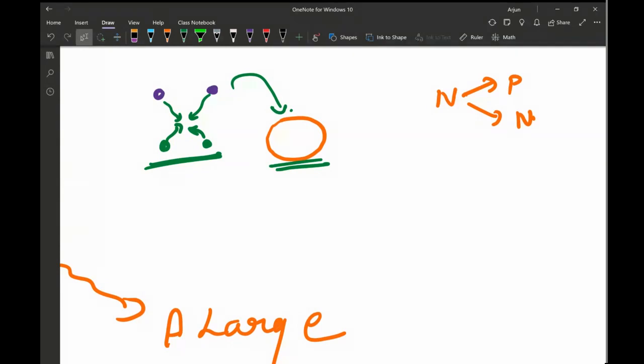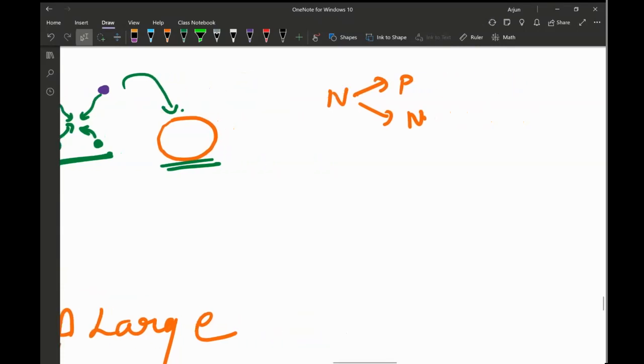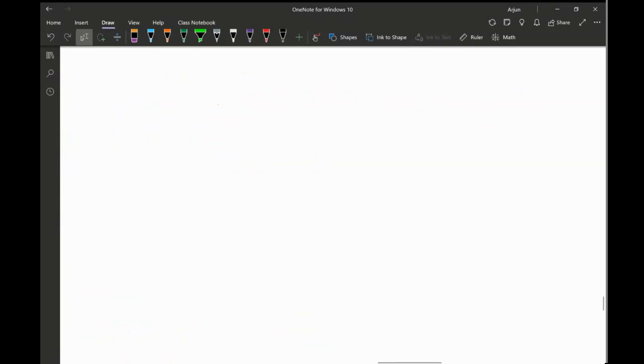So let's take an example on binding energy and the mass defect. I'm going to take an example from page number 795. I'll encourage you guys to read that example also so that we can do it together.